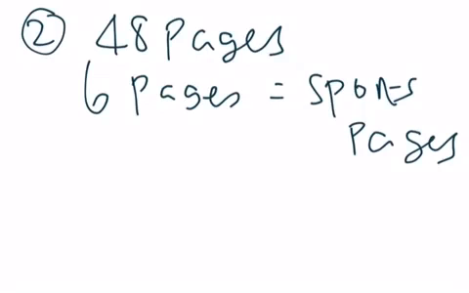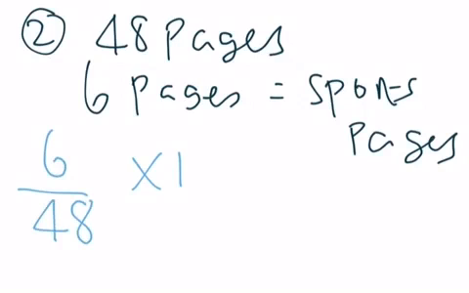The question says, what percentage of the pages are sports pages? Just like in question 1, here we've got 6 out of a total of 48. And we want to write this as a percentage, so we would times by 100. So what is 6 divided by 48 times 100? And your answer is 12.5%.